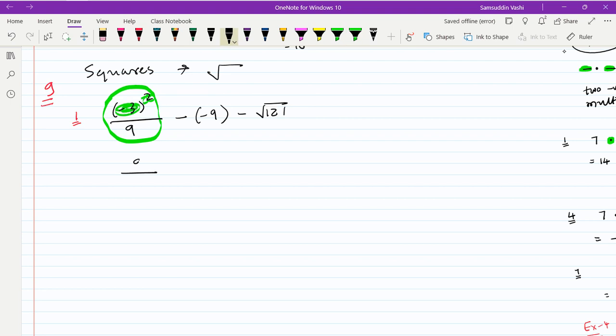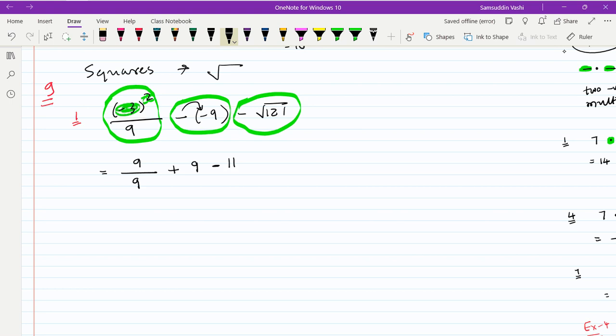So it's 9 divided by 9, as it is, because the denominator I can't do anything. It is positive 9. Negative times negative is positive. Negative is as it is for the last part. And square root of 121. Do you know how much? 11. Okay.